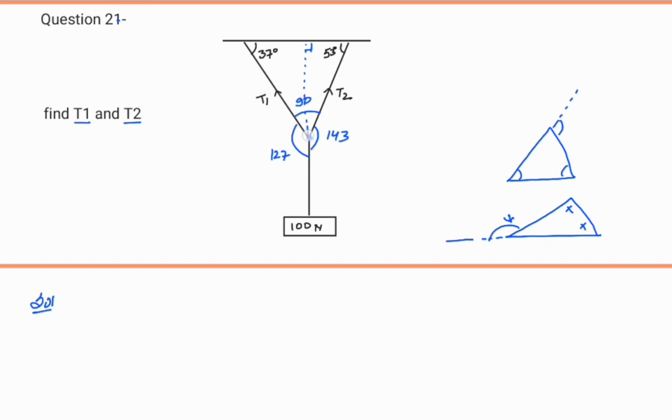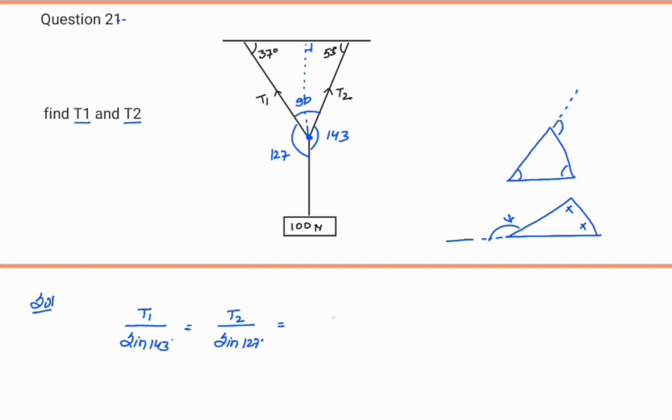Now, I am going to apply Lami's theorem on this point. Okay. How to apply? The tension or force on the first divided by the sine of the angle in front of it, which is 143 now, will be equal to the tension or force on the second divided by the sine of the angle in front of it, which is 127 degree.